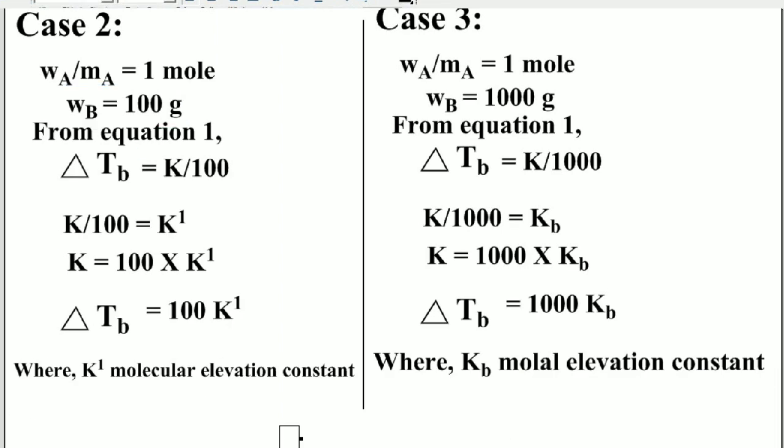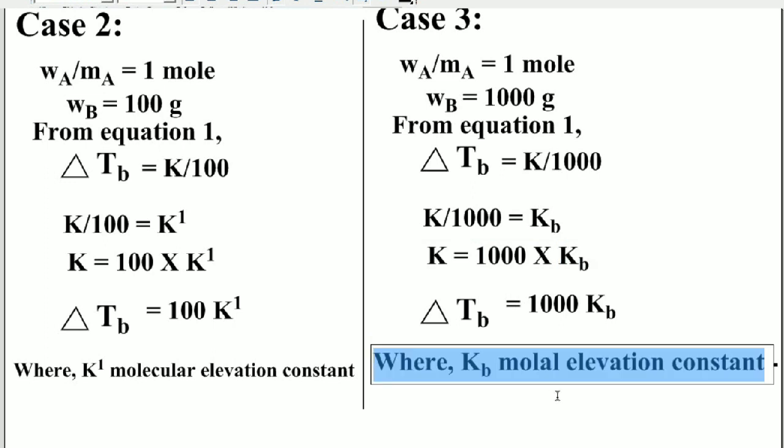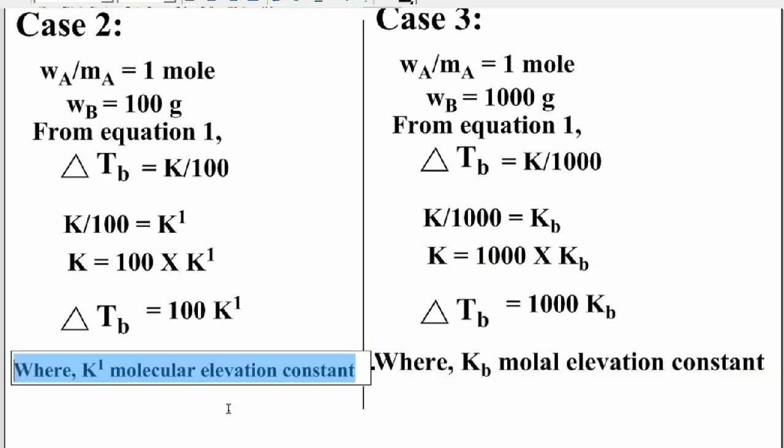So students, in case 2 we get delta Tb equals 100 into K dash, since K is equal to 100 into K dash. In case 3, K is equal to 1000 into Kb.